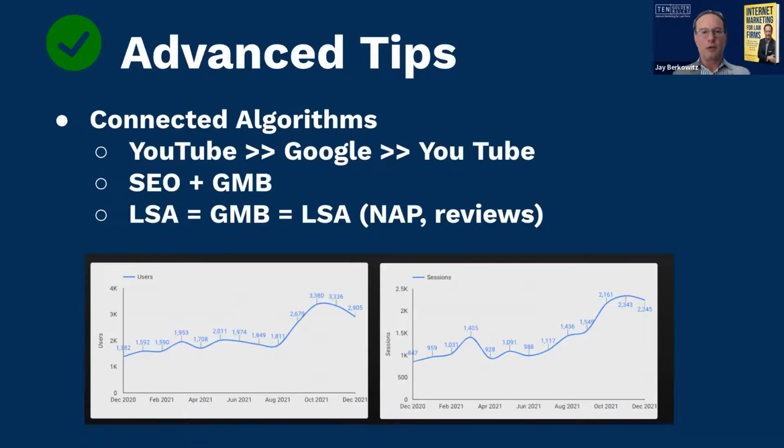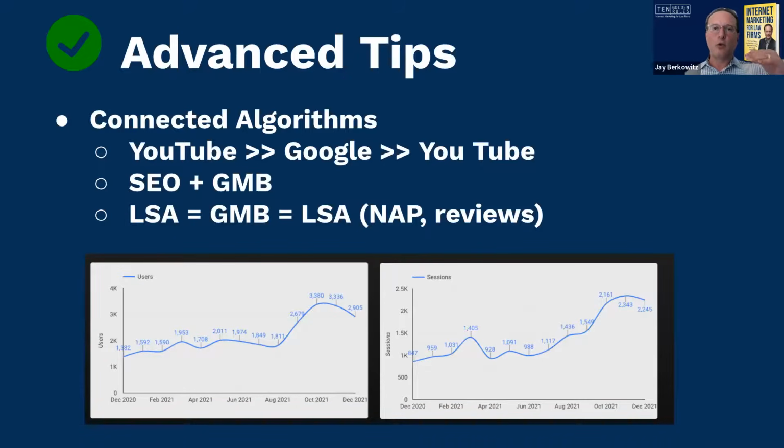When Google bought YouTube and started creating YouTube search algorithms, we saw a linkage: if you created YouTube videos, optimized them, connected them to your website and embedded the YouTube code, we started to see a rise in SEO.